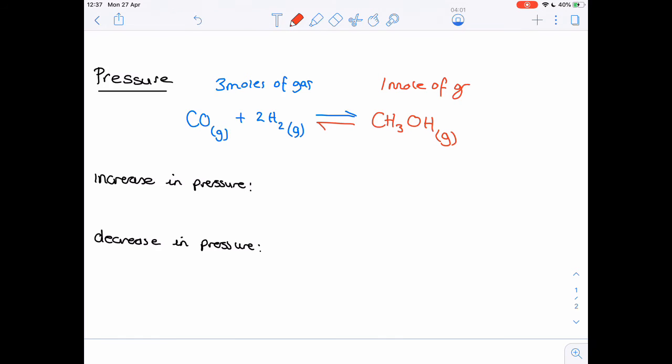And that's really key when we look at pressure, because an increase in pressure shifts towards the side with the fewest moles. So an increase in pressure is going to shift to the forwards reaction, to the side with the fewest moles of gas.